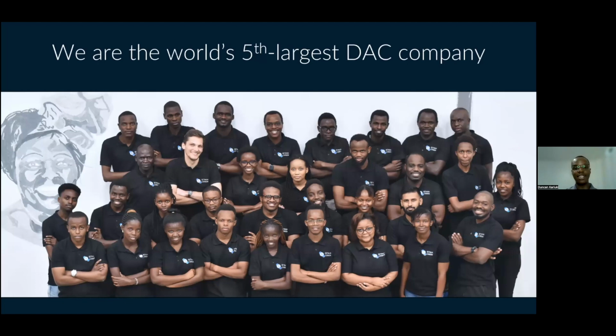We also have a great team. Octavia is now a team of 34 people, highly motivated people to really build this technology at scale. This is a testament to the employment creation that DAC can create in Kenya. And that's why we have a lot of policymaker buy-in.